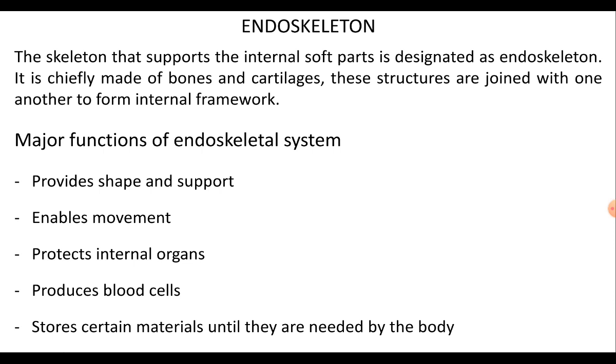It helps in the production of blood cells from the soft tissues which are present in the bone marrow. It also stores certain minerals such as calcium and phosphorus, and they are provided until they are needed by the body.